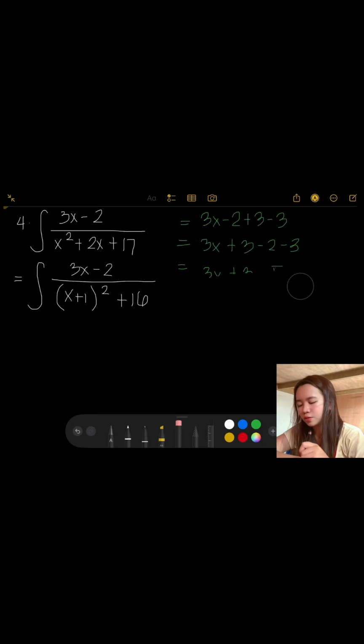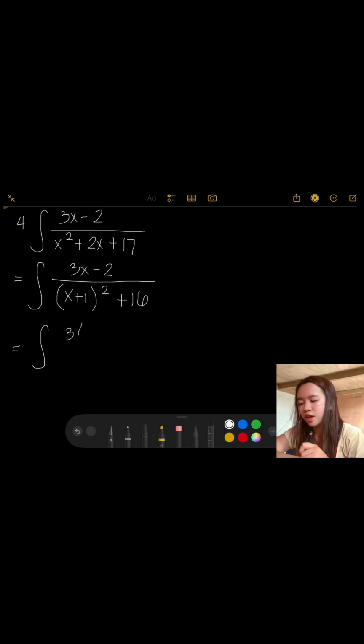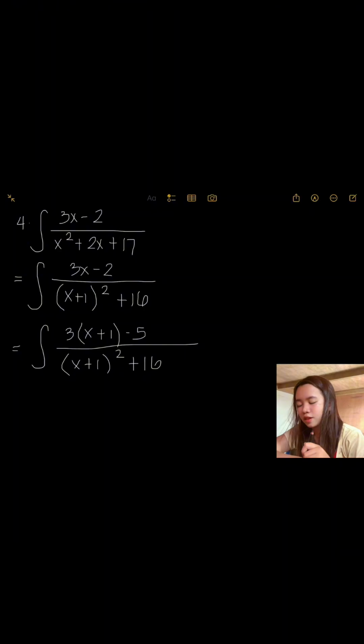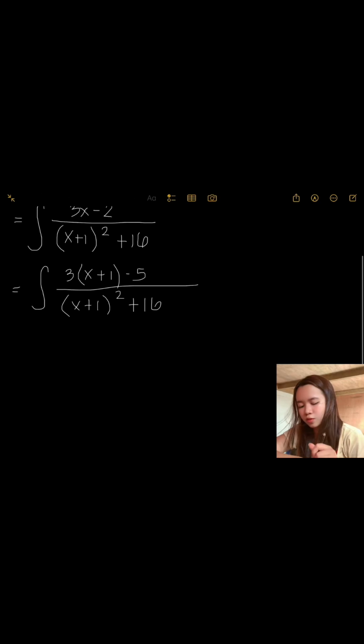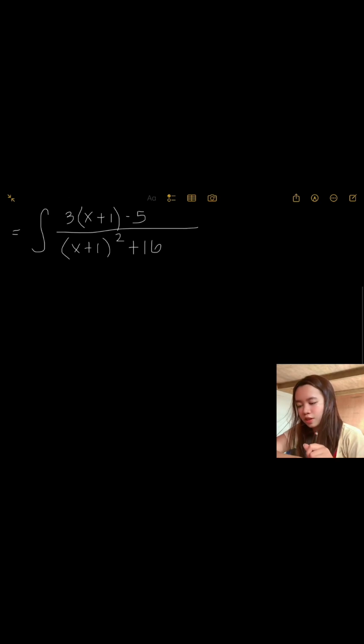So now this will become the integral of 3 multiplied by x plus 1 minus 5 over x plus 1 squared plus 16. Since it is separated by subtraction, we will integrate it by parts.